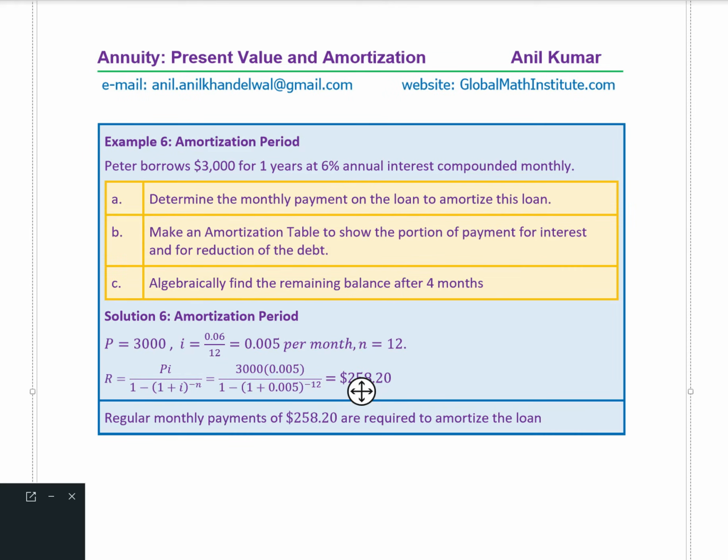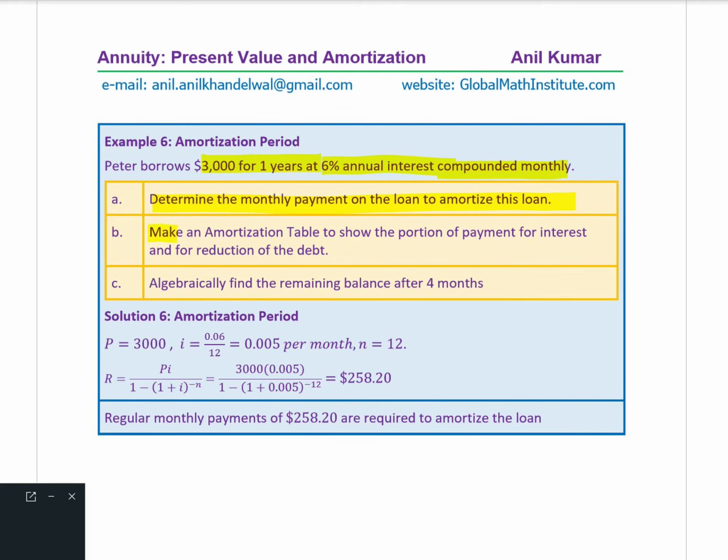It is about the amortization period, and we'll also understand how to create an amortization table. Peter borrows $3,000 for 1 year, right? So for 1 year, $3,000 at 6% per annum interest compounded monthly. Now, part A is to determine the monthly payment on the loan to amortize this loan, to pay off this loan with installments.